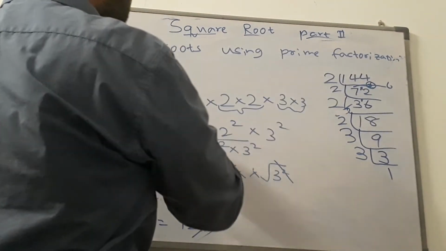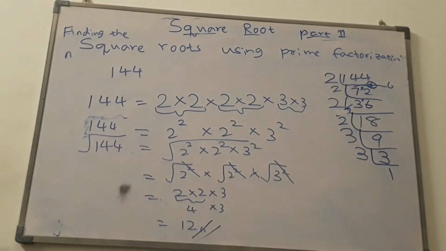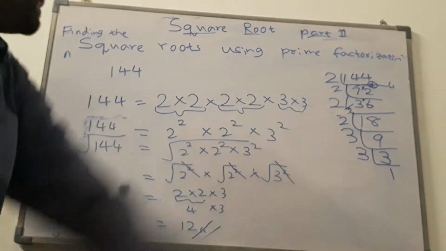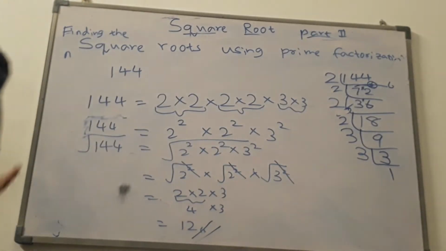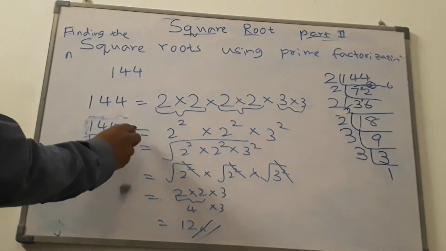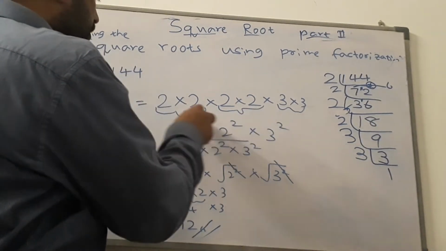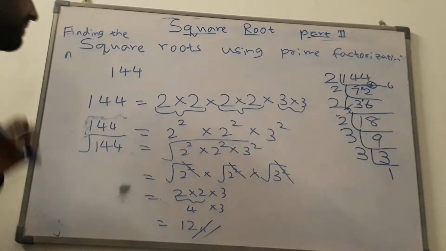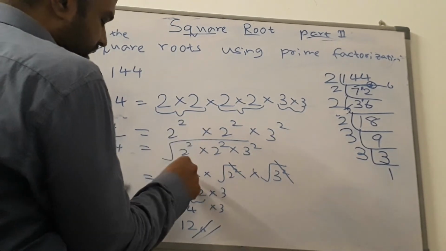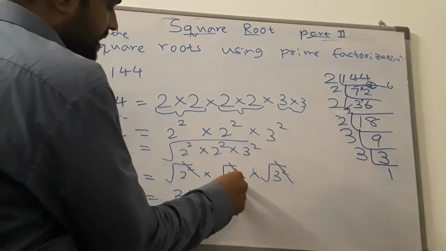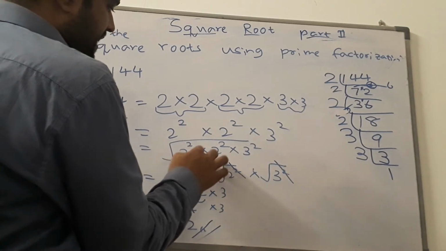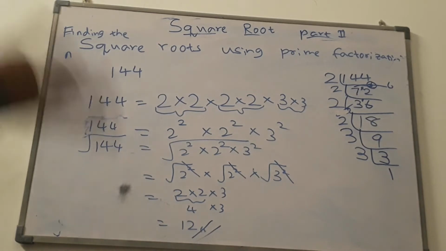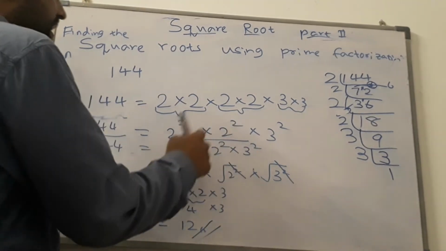Okay, first we factorize this. Then I paired this. 144 means 2 squared times 2 squared times 3 squared. Then now we want to find the square root. So square root of 144 means the square root of this product. Then we can break it, right, as in earlier sums. So I break 2 squared, the other 2 squared and 3 squared into separate parts.